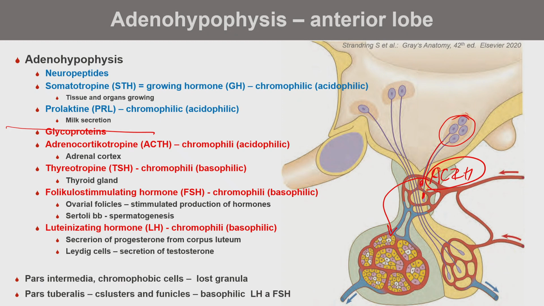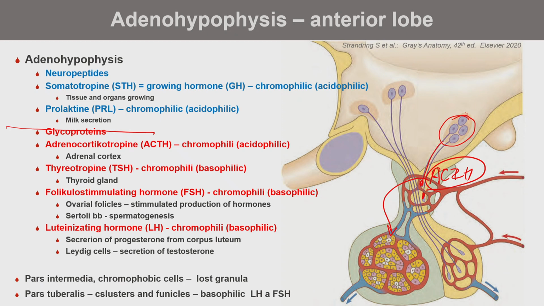Follicle-stimulating hormone has a different function in male and female. In the female, it stimulates ovarian follicles to produce estrogens, and in the male, it stimulates Sertoli cells to perform spermatogenesis.